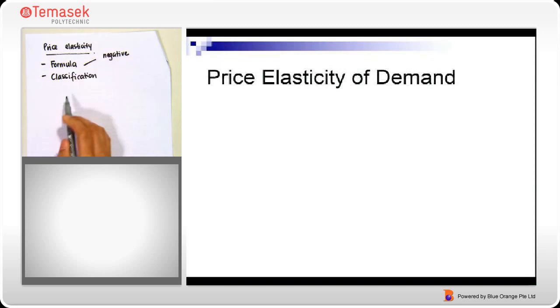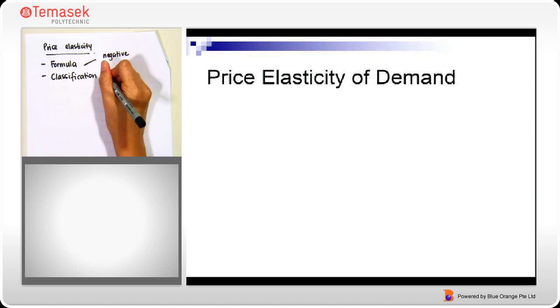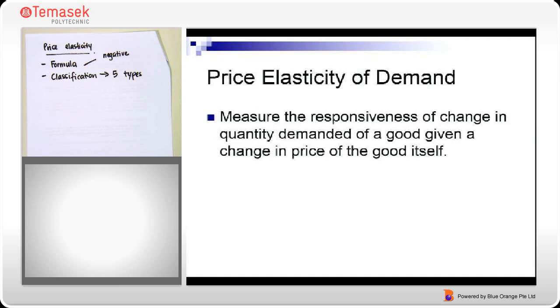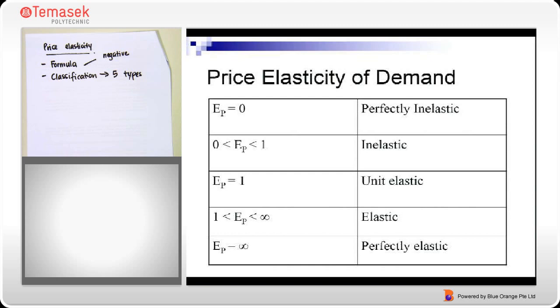After calculation, you will classify a particular good, and there are 5 classifications, right? So there are 5 classifications of price elasticity of demand. Okay, so this is the formula, and there are 5 classifications.